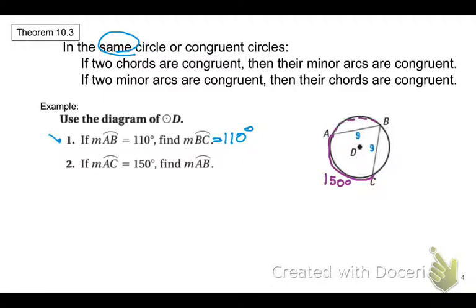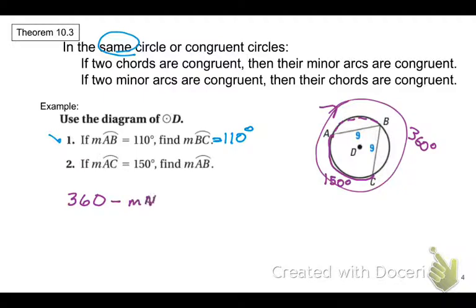So we have to remember how many degrees are in the whole circle. That's 360. In order to find a major arc, which is what arc AC is, we start out with 360, and then we subtract the measure of AB and the measure of BC.